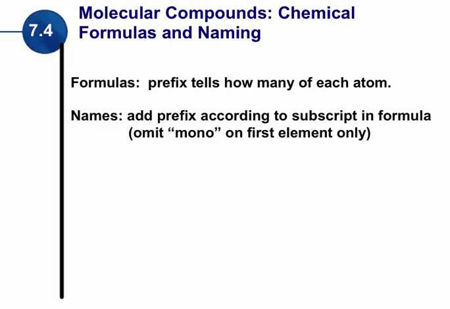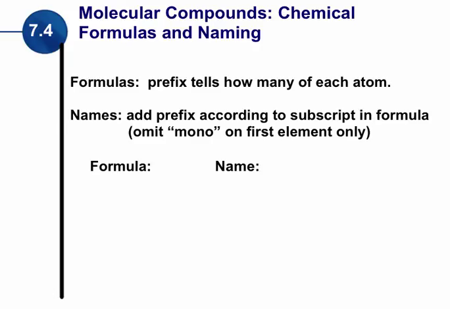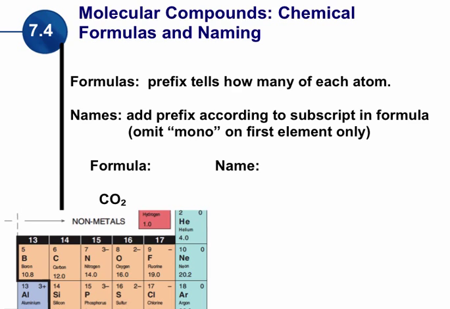And let's look at one that you're probably familiar with, a formula that you will likely have seen before, CO2. And you probably already know the name of this chemical formula, but let's figure out the name according to our naming conventions. Well, first of all, if we look on our periodic table, carbon and oxygen are both non-metals, and they combine together, and this has a 2 in the oxygen.